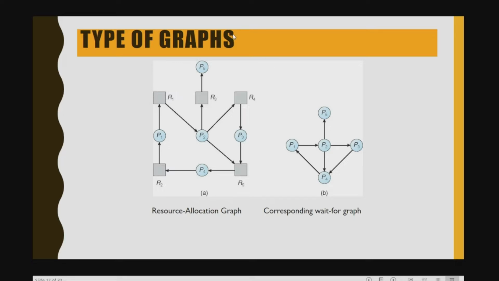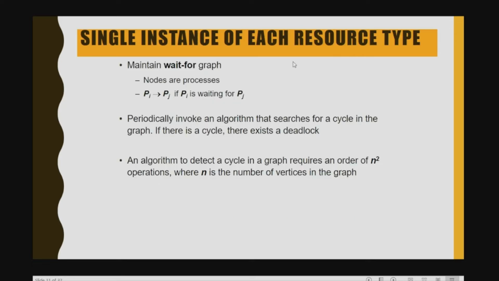So this is the resource allocation graph, where we have the processes and we also have the resources. A process makes a request to a resource, and a resource belongs to a process. You should know how to read the resource allocation graph. And this one is the wait-for graph. In the wait-for graph, we only have the processes, so we try to detect the cycle inside the graph. For example, how to read it?